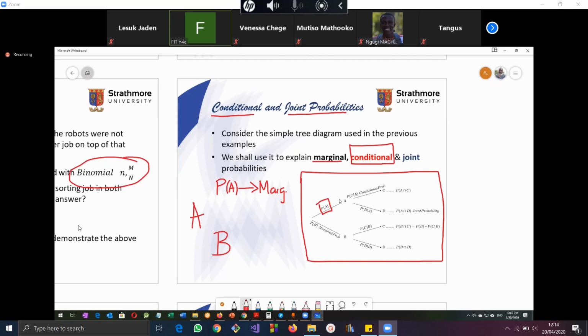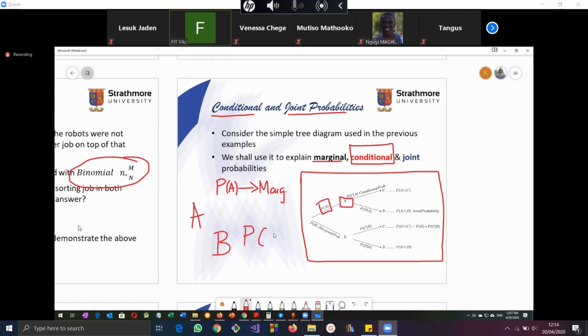A must happen first for C to happen. So here is where we actually have the conditional probability. The probability that event C happens given that A has happened. We normally write that one like this.